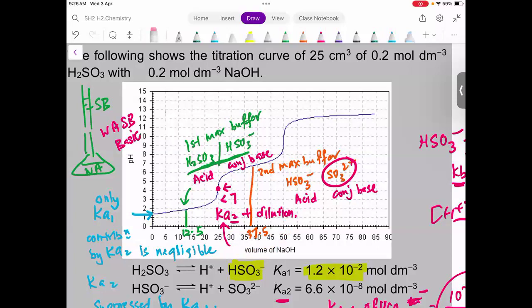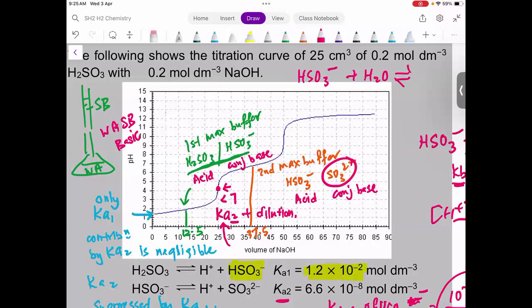The species present is hydrogen sulfide. As a base, it can undergo proton transfer with water.